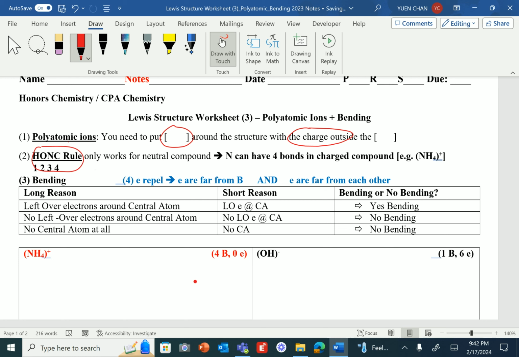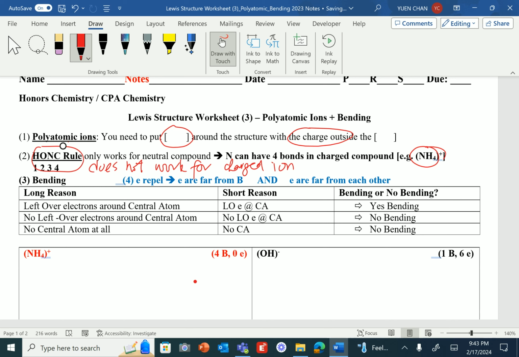So what does it mean? It means that it does not work for charged ions. So when you have a charged ion, this rule will be broken. It will not work anymore. So for example, I have the NH4 plus.